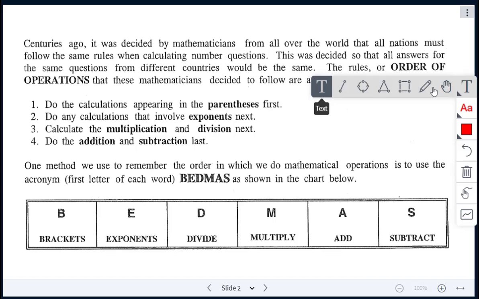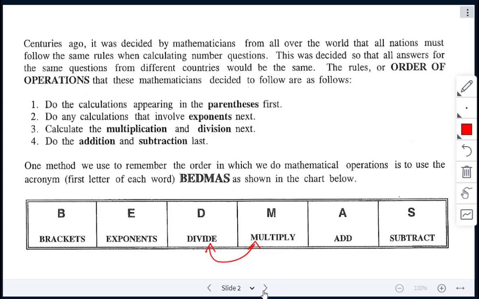But keep in mind that they are interchangeable depending on what comes first when you're looking at it left to right. Next comes addition and subtraction, and again, they are interchangeable depending on what comes first when you're looking at it left to right. All right, so that quickly is what BEDMAS is.